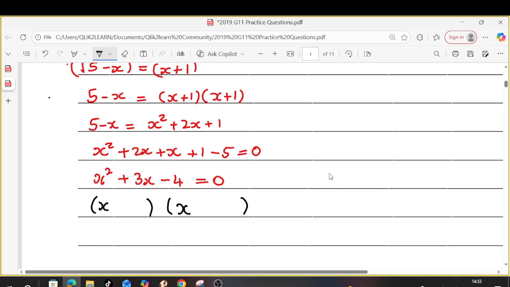So the factors of 4 are just 4 and 1. Then I'm going to put these in my brackets like this, 4 and 1. So now you take the sign of the middle term, which is positive, and give it to the bigger number. Then this other one here will be negative. Remember, if the value of c is negative, one bracket should be positive, one should be negative. This is also equated to 0. Then what's next?